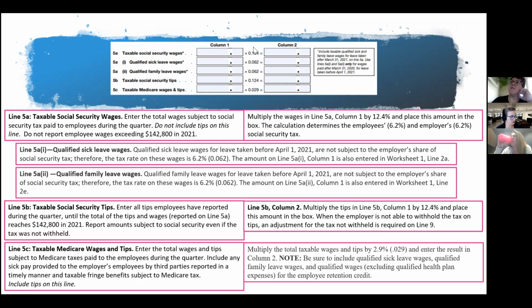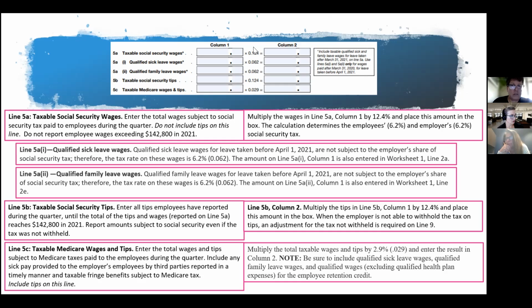The employer is also required to withhold Social Security and Medicare from those tips, and like I said, it's reported on the W-2. Again, it's up until it reaches 142,800, and it is subject to the same amount, 12.4%.